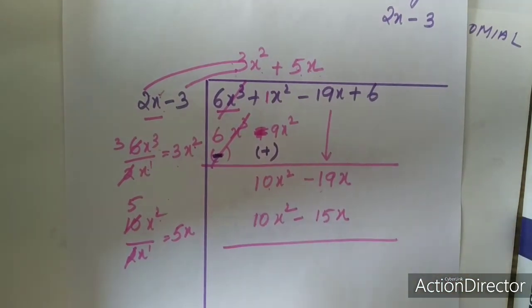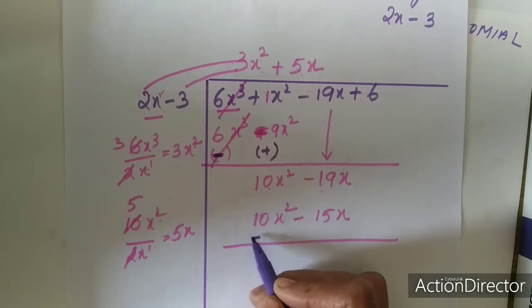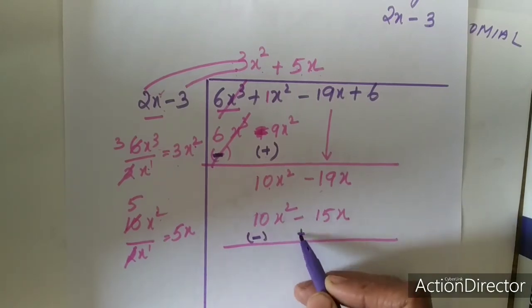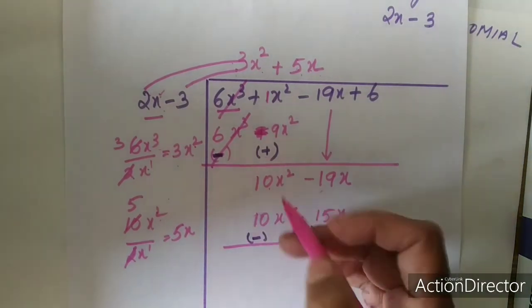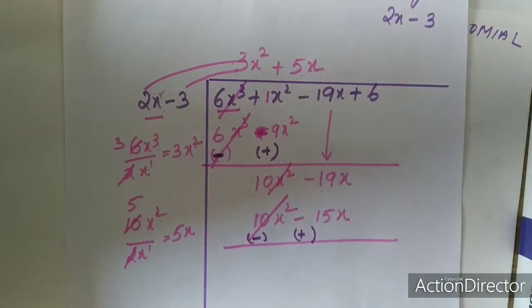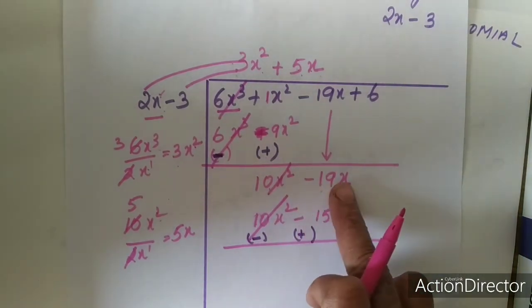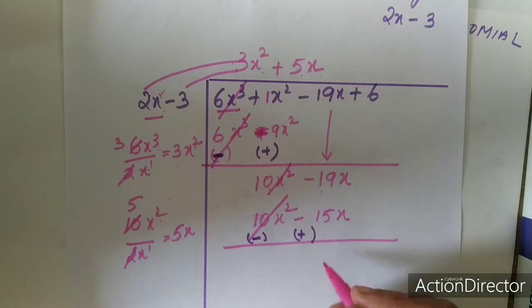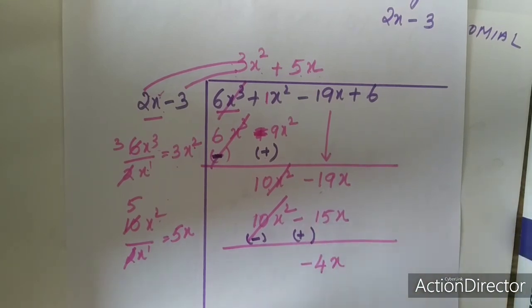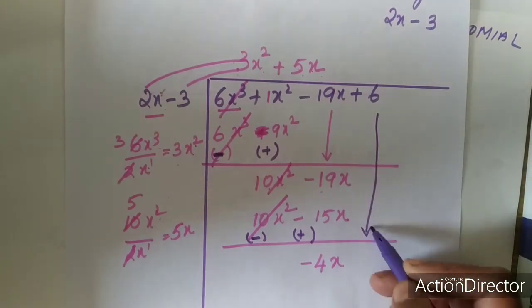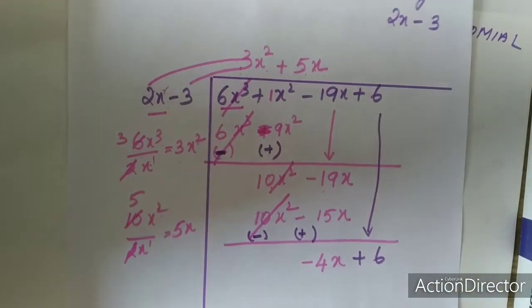Now subtraction. Subtraction means change the sign over here. This minus is changed to plus. 10x² minus 10x² will get cancelled. Minus 19 plus 15, which is minus 4x. Now drop down the next term, which is plus 6.